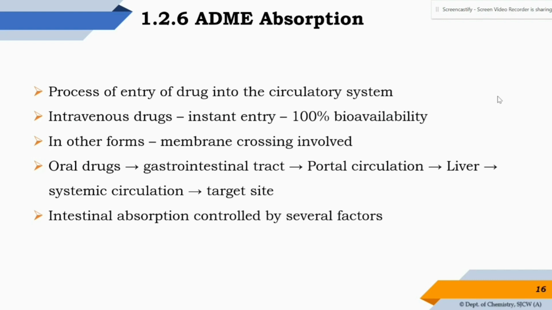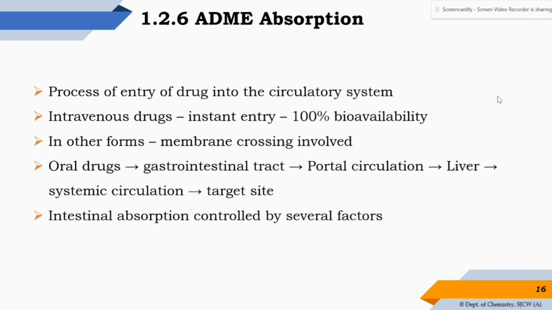Portal circulation means the blood vessel that carries the absorbed drug to the liver, or the absorbed food to the liver. So the oral drugs enter the gastrointestinal tract. From there, they go for the portal circulation route, and through the portal circulation, they reach the liver.